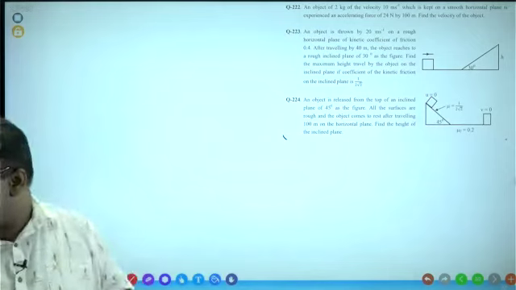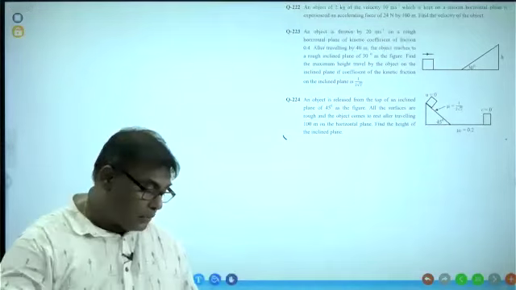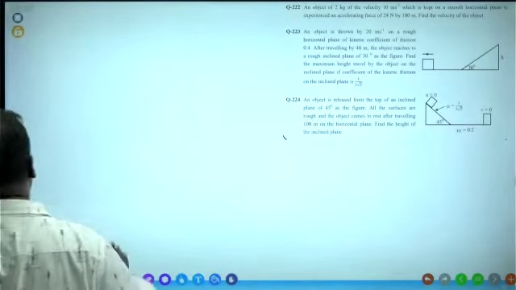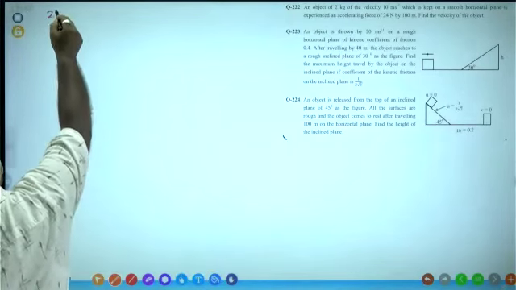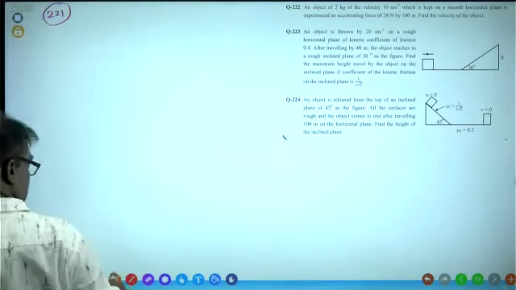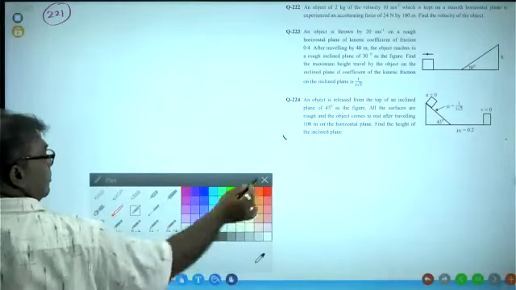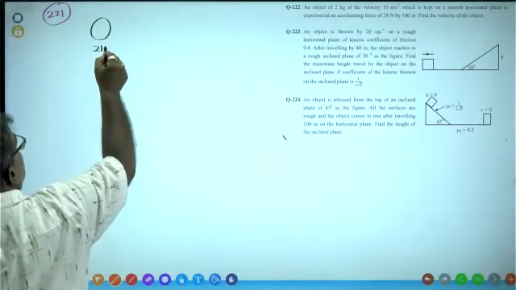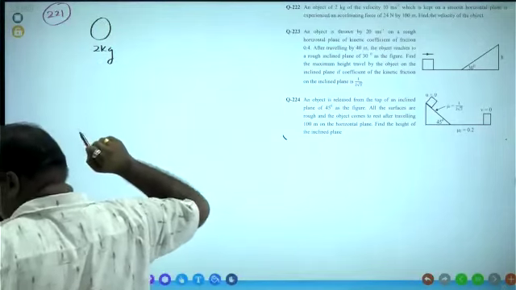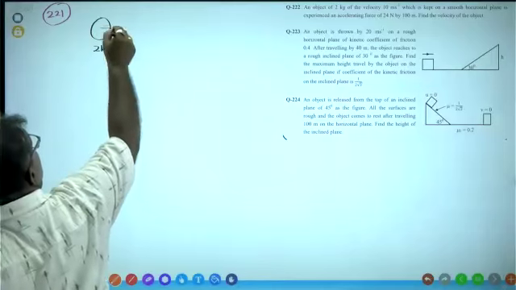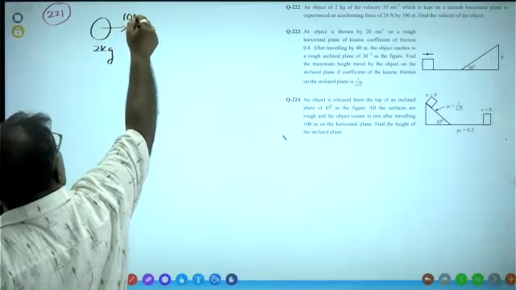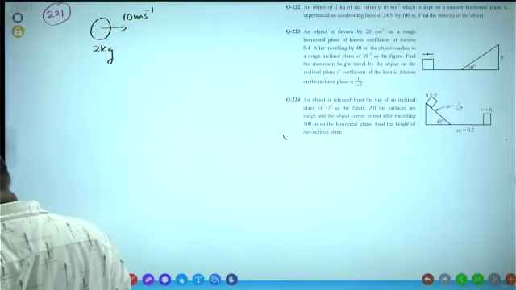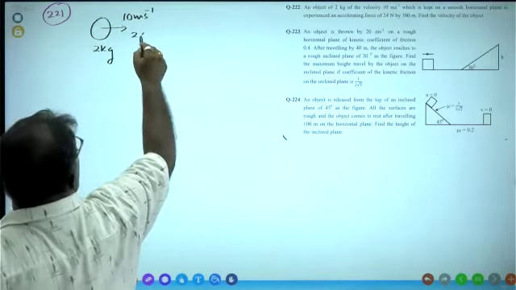Okay, 222. An object of mass 2 kilogram with the velocity 10 ms minus 1 experiences a force of 24 Newton.